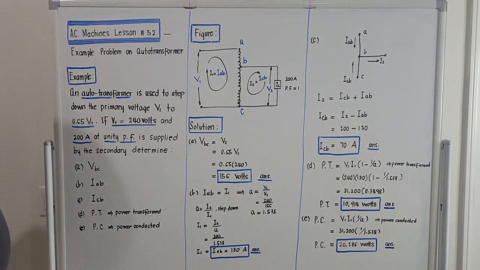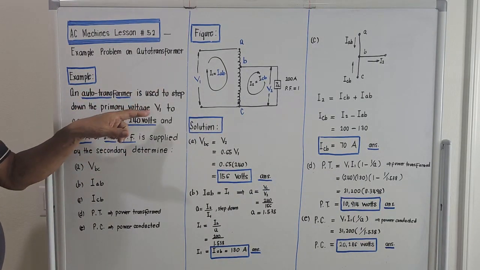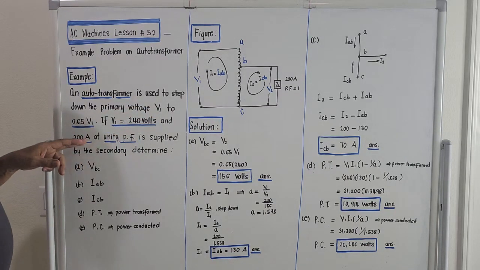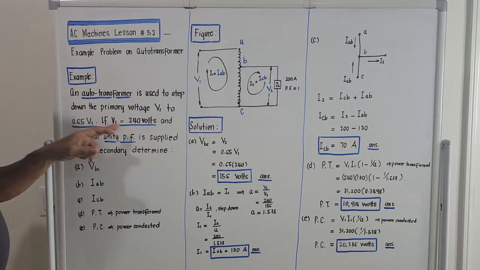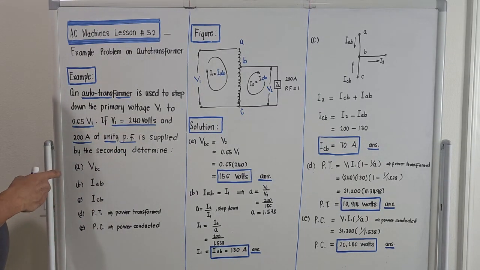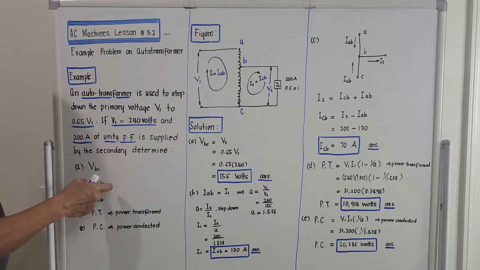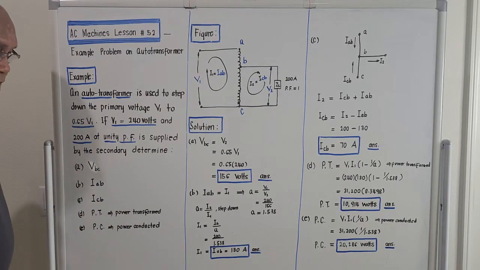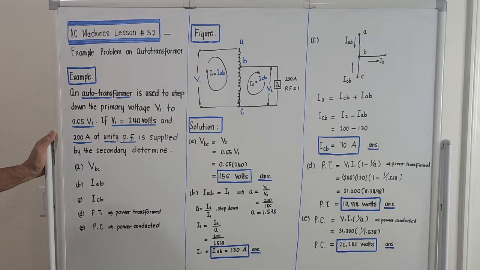An auto transformer is used to step down the primary voltage V1 to 0.65 V1. If V1 is equal to 240 volts and 200 amperes at unity power factor is supplied by the secondary, determine the unknowns.